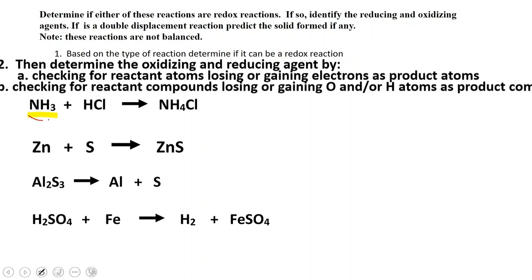Notice that ammonia has 3 hydrogens attached to it in the reactant side. However, on the product side, it's got 4 hydrogens attached. If we go back to one of our definitions, if you gain hydrogen atoms, then you become reduced. Oh, so since NH3 is reduced, then it is the oxidizing agent.